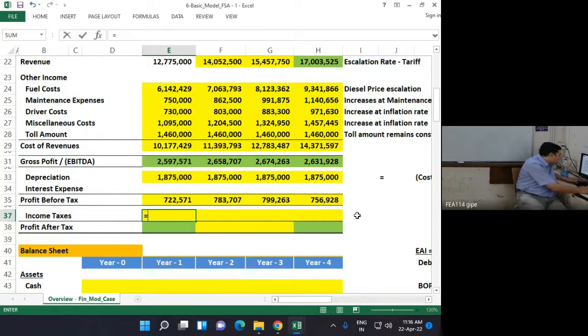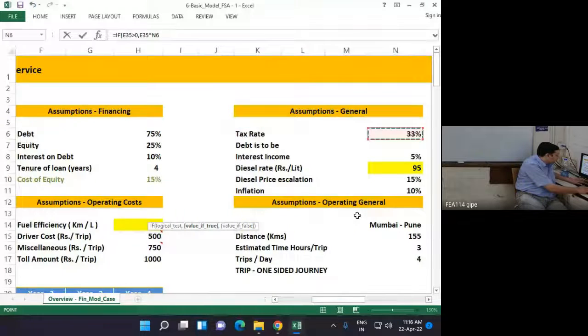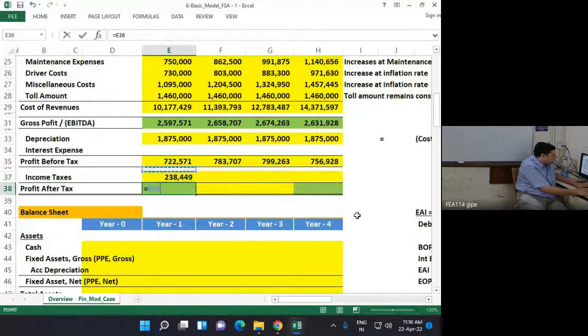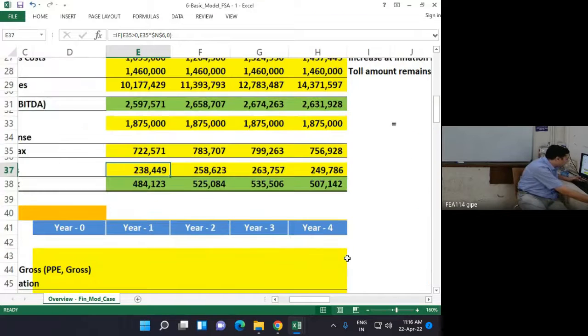For tax, if there is a profit, then profit into tax rate, else nil. Match your PAT number. Here's the formula of the IF condition for tax.